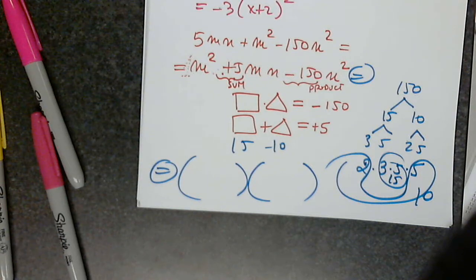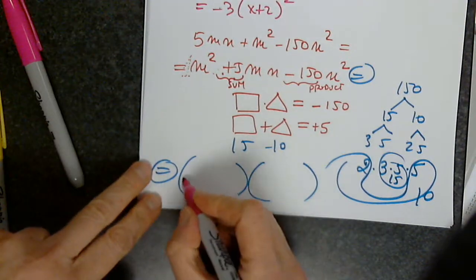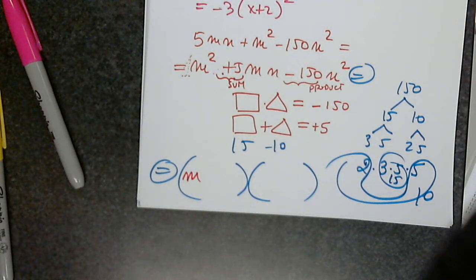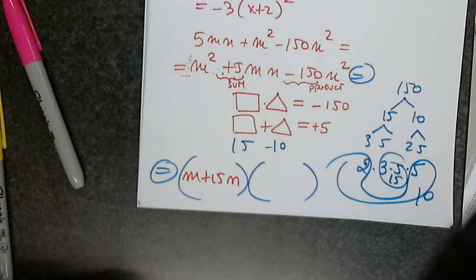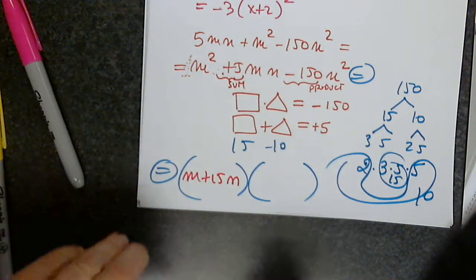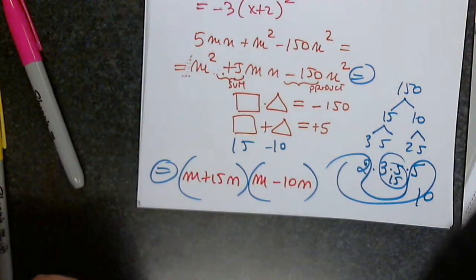This time is not a special product. It doesn't work. So what do I get? Yes, but it's m. It doesn't matter. You're right. Plus 15n. Yes. Very good.